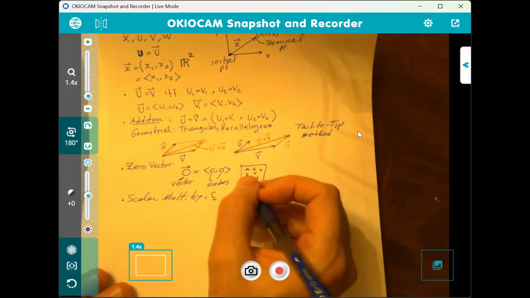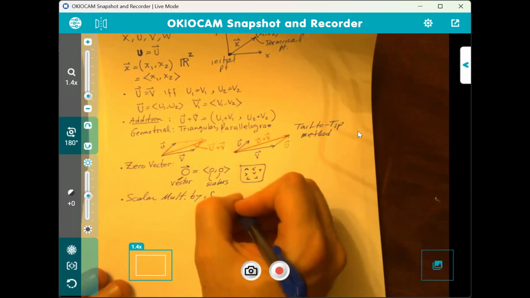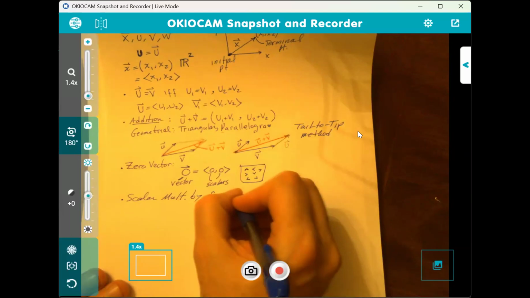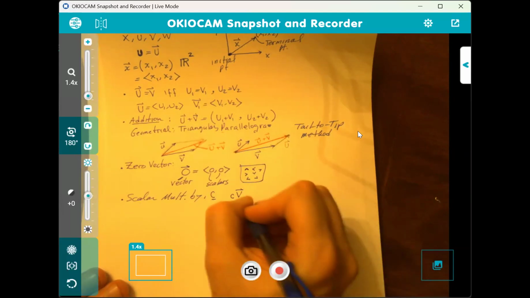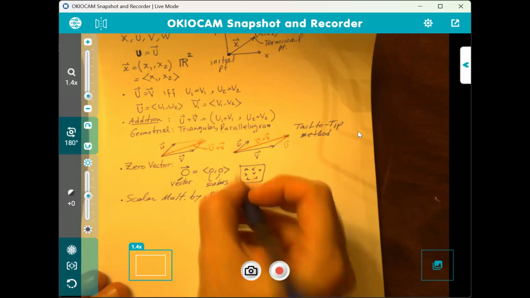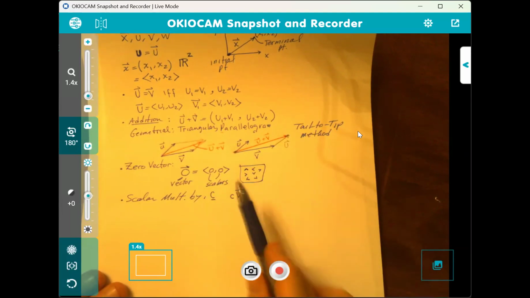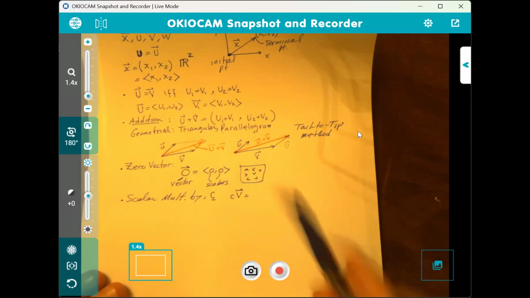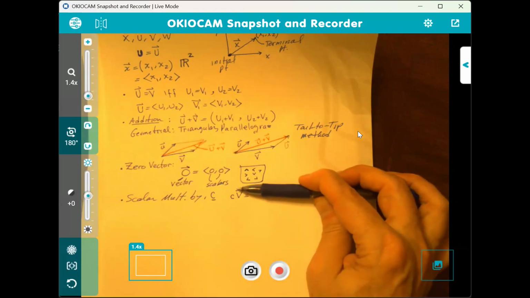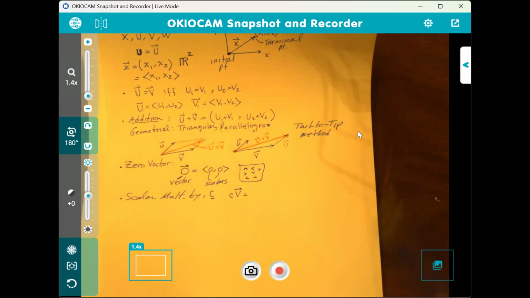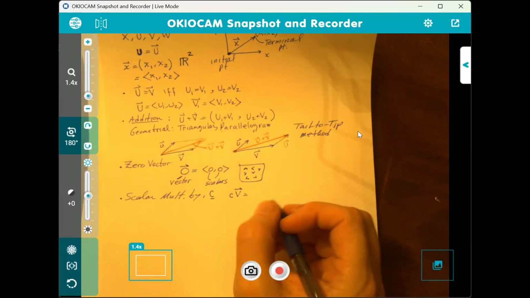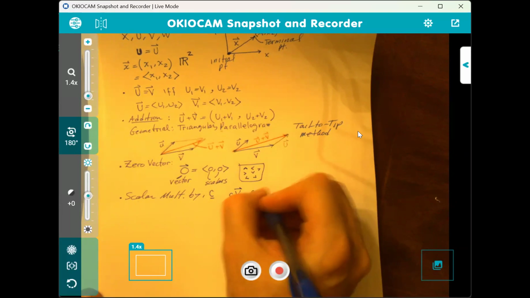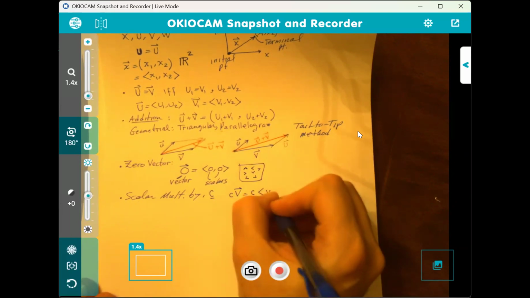Now, what does a scalar multiplication look like? So I have C, and here's vector V with the arrow on top. And again, please be mindful of the arrow on top. If I forget to put it, please remind me, because without it, C and V are both scalars. So I do have CV as a vector, and that means C times the components of the vector.